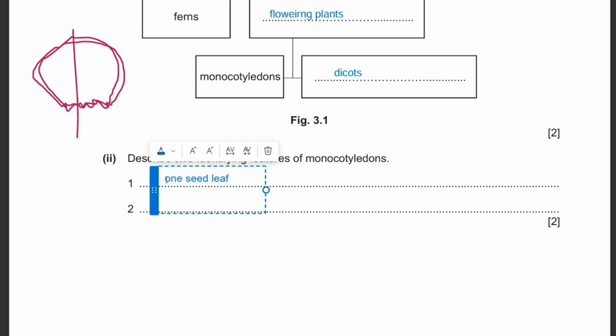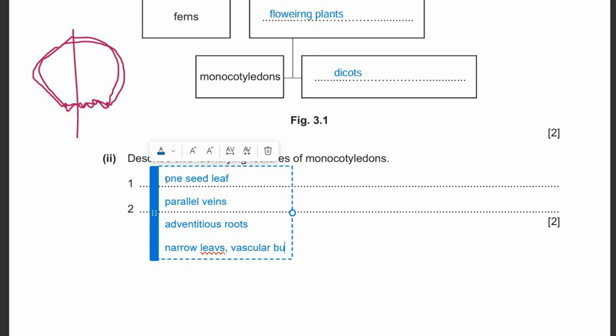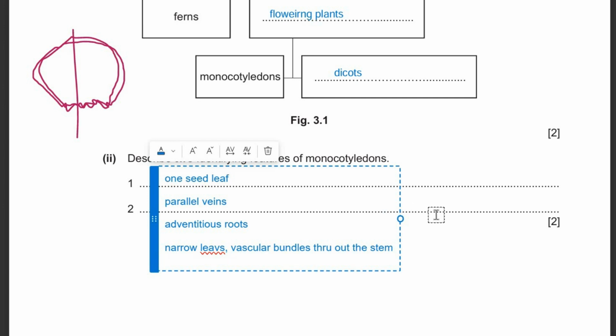What else? They have parallel veins. Some extra I'm writing over here: they have adventitious roots, narrow leaves, and vascular bundles throughout the stem. Alright?